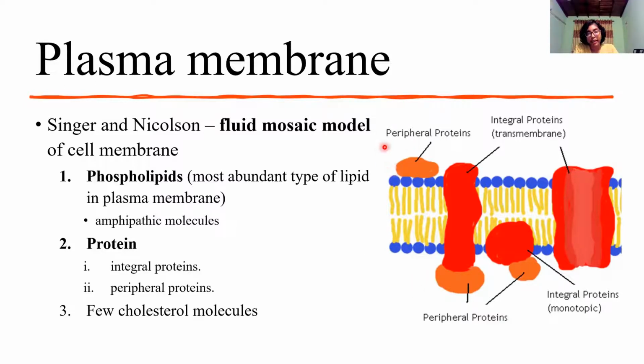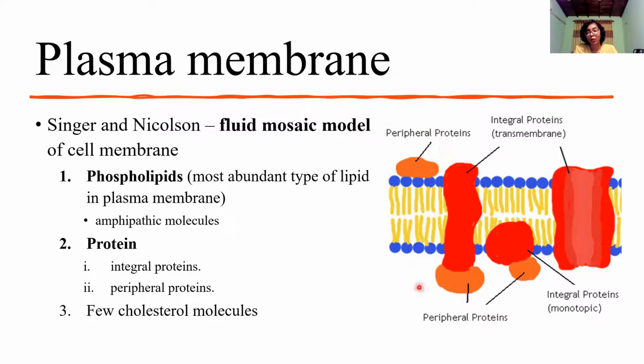So if this part is the inside of the cell, and this is the outside of the cell, we all know that most of this inside and outside is made up of water. Outside we find interstitial fluid, inside we have intracellular fluid, ICF, and outside we have interstitial fluid, we might call it ISF.